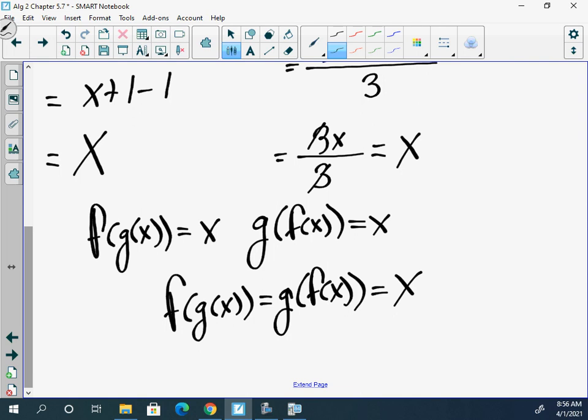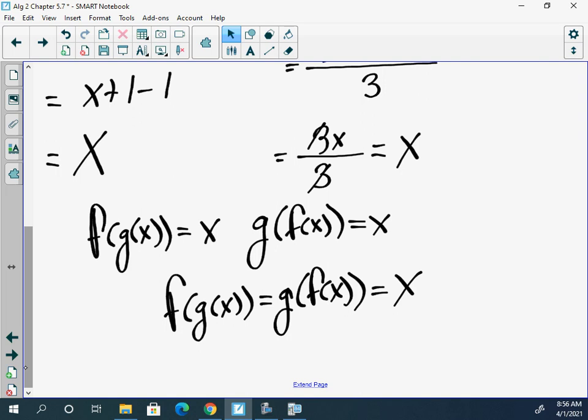So the only way that the composite functions, where we can flip them, f of g of x and g of f of x, and they give us the same thing, is if they are inverses. Because again, the inverse, when I plug something into the function f of x, it takes me to the range, and when I take its inverse, it takes it from the range back to that input. It brings me back to where I start, yes?